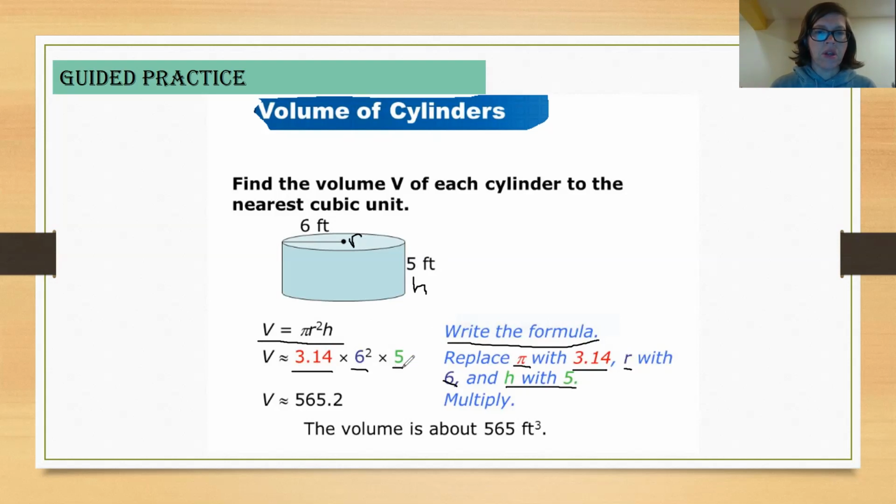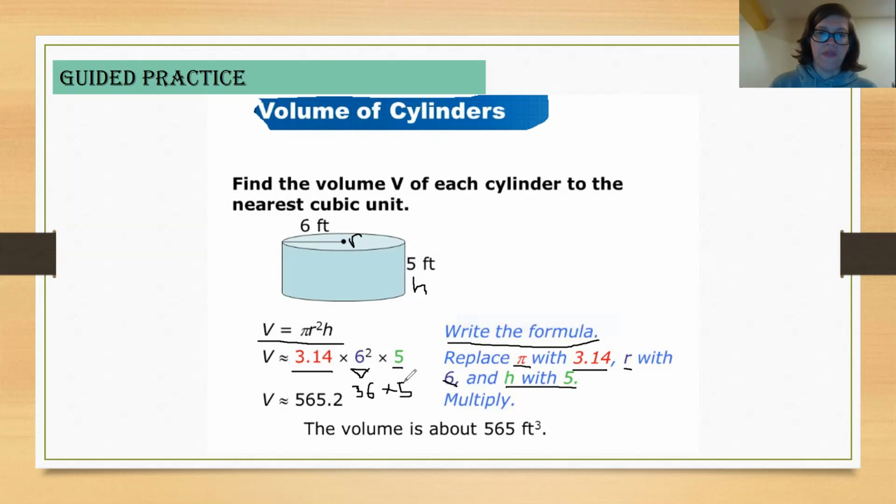And then when you solve, you need to make sure that you solve your exponent first. So 6 times 6, or 6 squared, will give you 36. And then 36 times 5. So you're going to multiply 36 times 5 next.